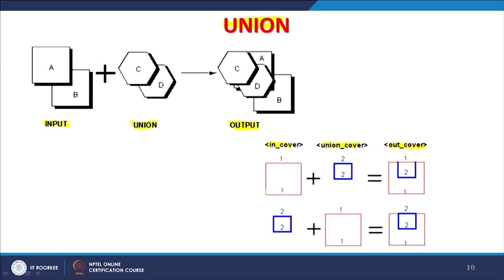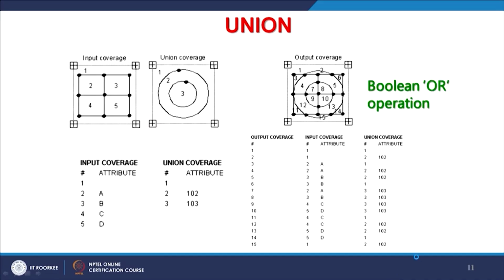Here the red, large box is the first input coverage, the union coverage is different, and the output is like this. Similarly, if my input coverage is a small blue square and the red square is my union coverage, the output is going to be the same. So, this was the union example.